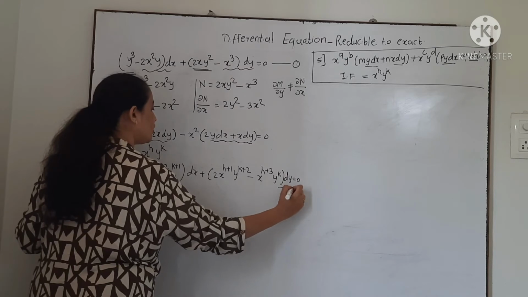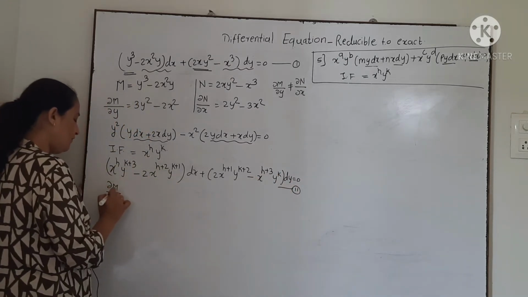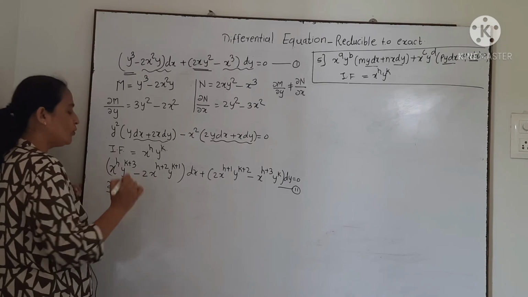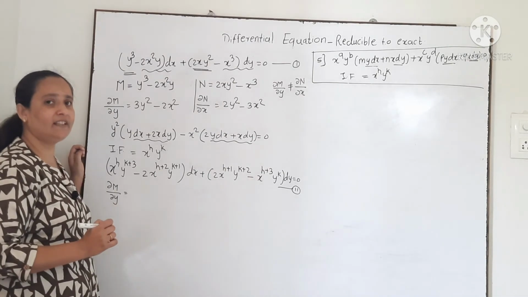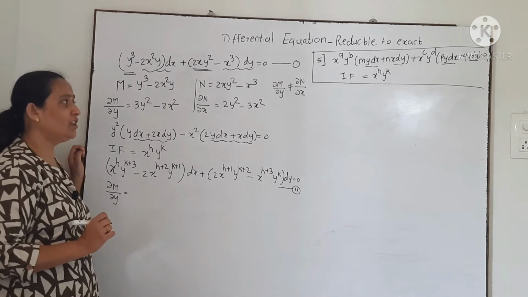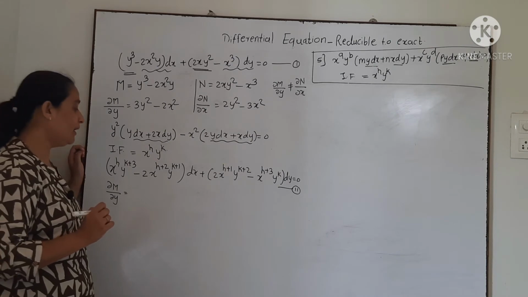Say this is equation number 2. Now I'll find derivative of m with respect to y, because we know that after multiplying by the integrating factor, equation becomes exact. That means it will satisfy the condition of del m by del y equal to del n by del x.